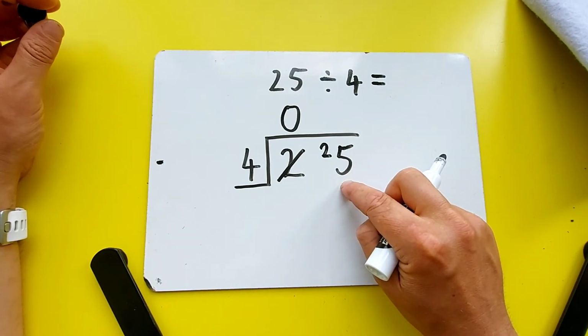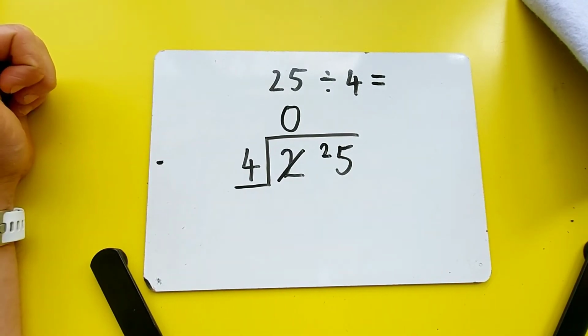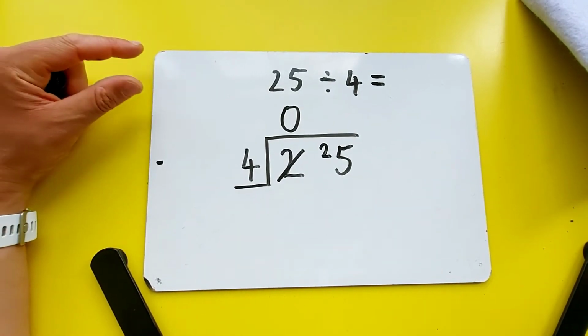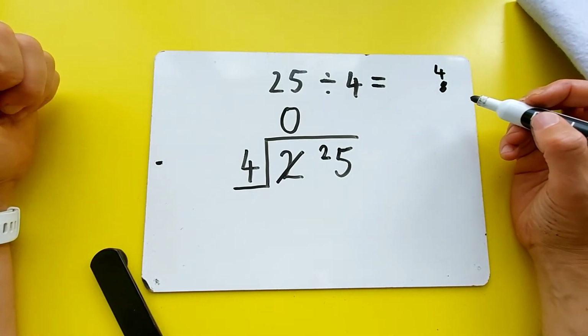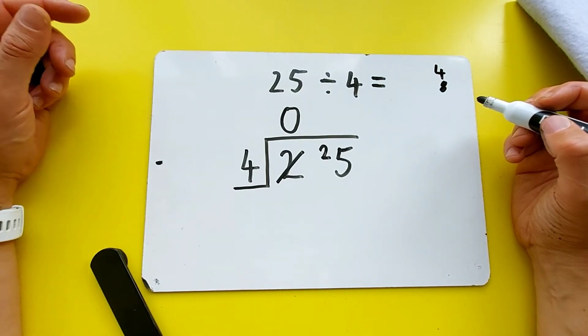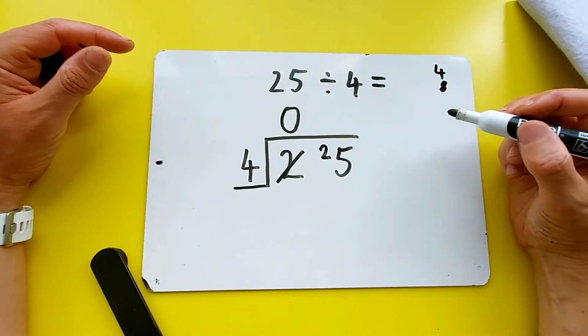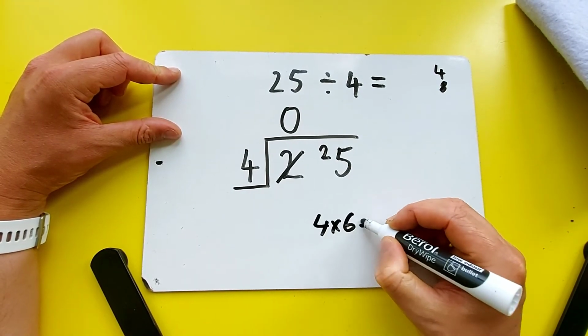It has to be smaller. So if I'm not sure, I can do 4, 8, 12, or I could even write it down if that helps me here. Yeah. So 4, 8, 12, 16, 20, 24. So 24. So that's 4 times 6 equals 24.